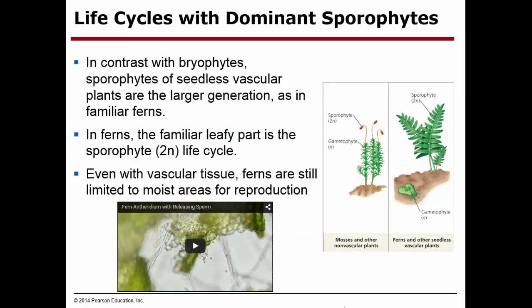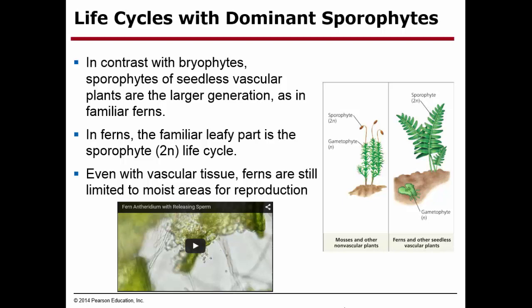So recall that we discussed how in mosses and other non-vascular plants, the haploid gametophyte stage is somewhat larger and lasts for a longer period of time than the sporophyte. The non-vascular plants are the only group of land plants in which that is true.